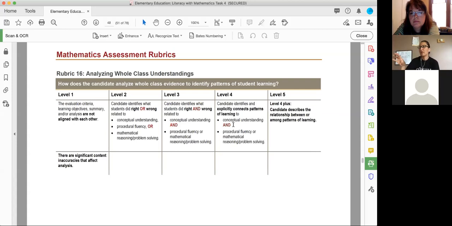What is that telling you about how students are maybe having some sort of error or misconception about the procedure, even though you can see they understand the concept? So you're making those connections and you're explicitly describing.